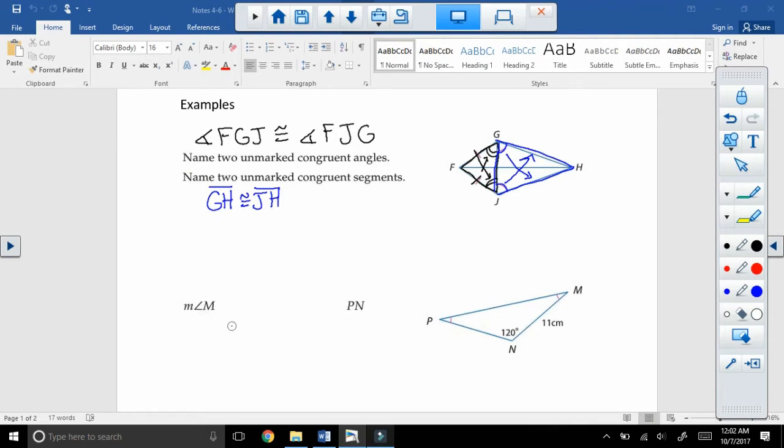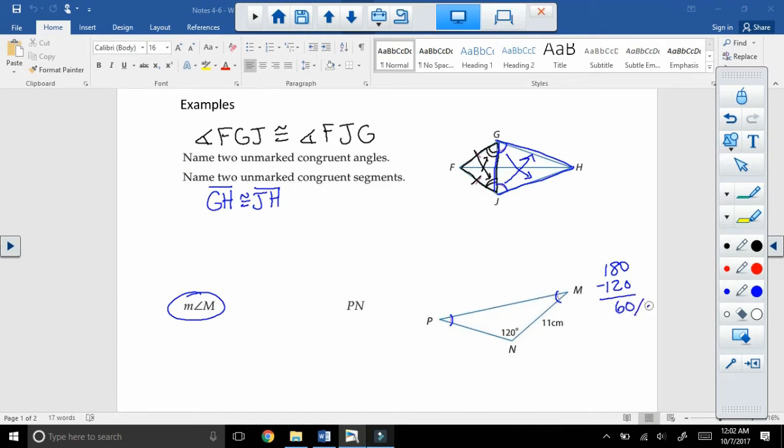You can also use this to come up with exact measurements if they give you different dimensions in a picture. For example, here I need to find the measure of angle M, and because these two angles are marked congruent and I know the one angle is 120, I can take 120 away from 180, and that leaves me 60 degrees for both of these.